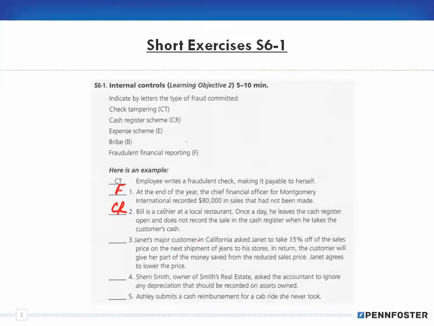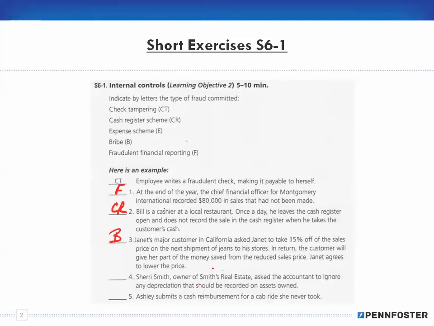Janet's major customer in California asked Janet to take 15% off the sales price on the next shipment of jeans to his stores. In return, the customer will give her part of the money saved from the reduced sales price. Janet agrees to lower the price, right? That is called a bribe, right?